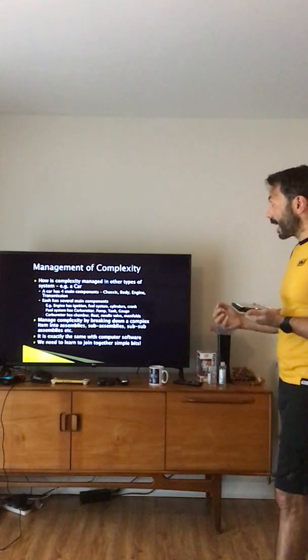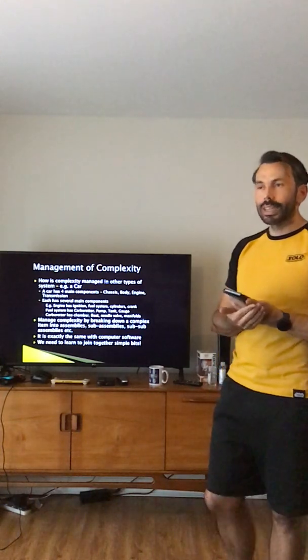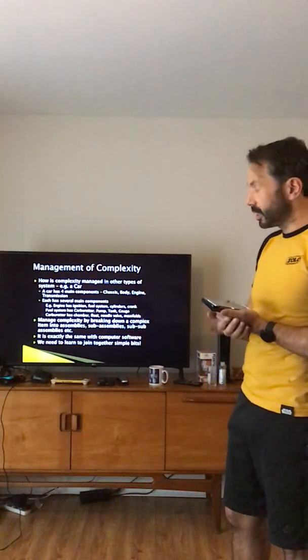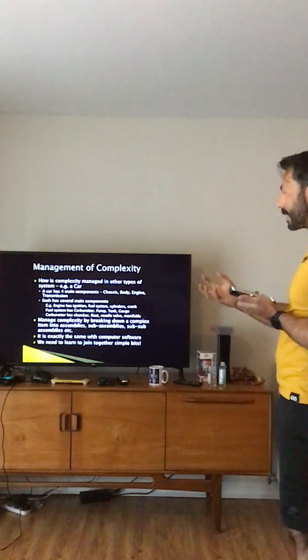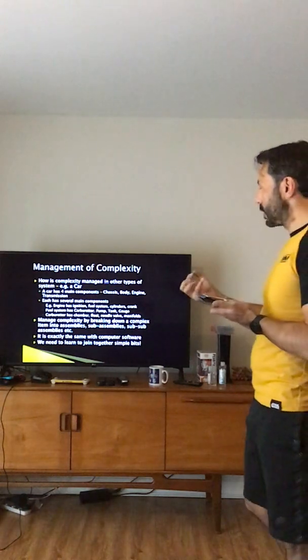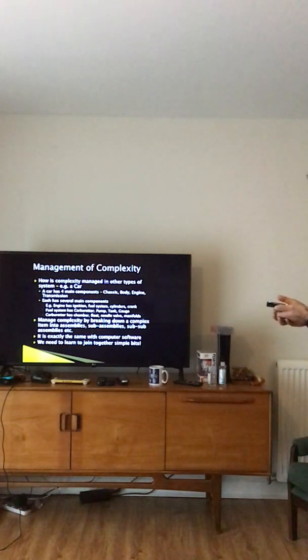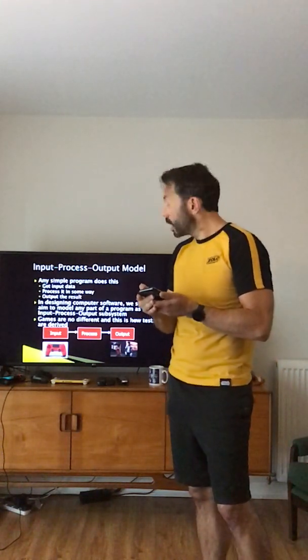And when you break that down, the carburetor has the chamber, the float, the needle valve, the manifolds. So essentially, you're compartmentalising it down into its basic constituent parts. So manage complexity by breaking down a complex system into assemblies, okay? And it's exactly the same with computer software. And we need to learn to join up these simple bits.